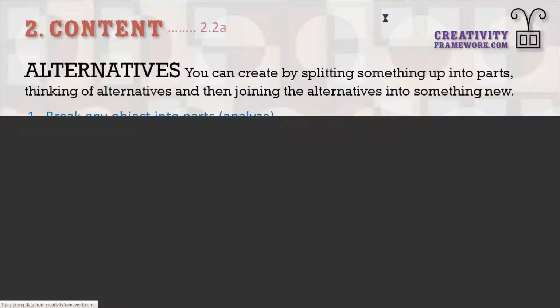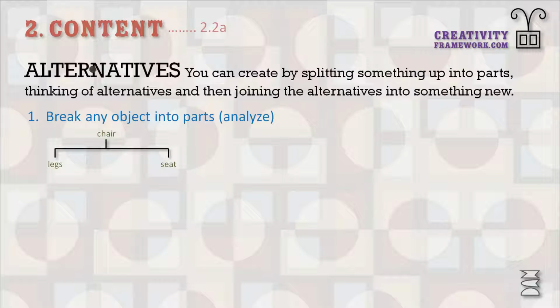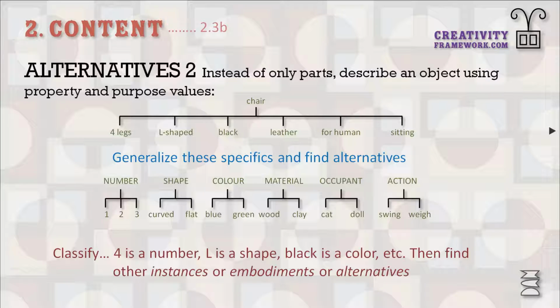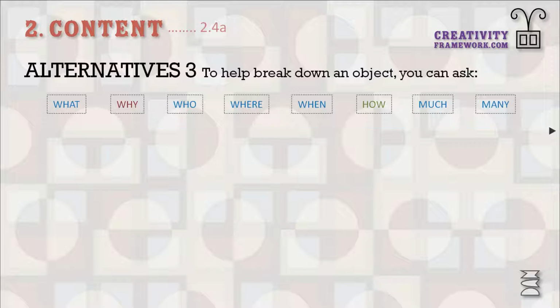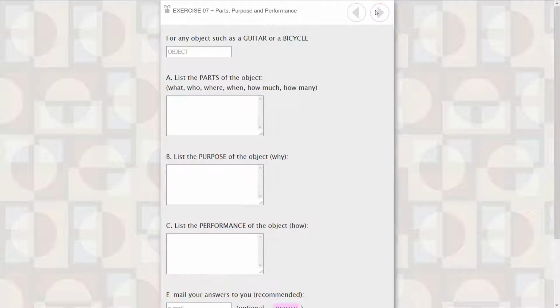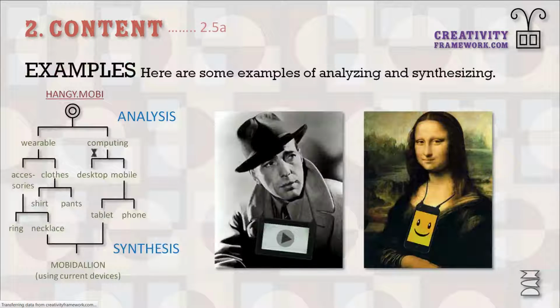More exercises for you to try. And then we talk about how we can use this structure to actually create things. There it is. So how to break things apart. And we get into how I created, for instance, Hanging, which is a mobile app. We analyze, followed by synthesize.